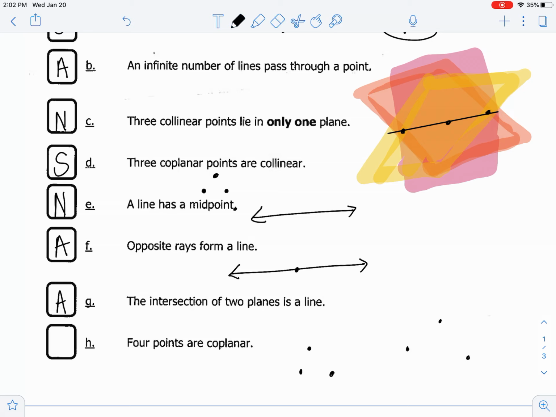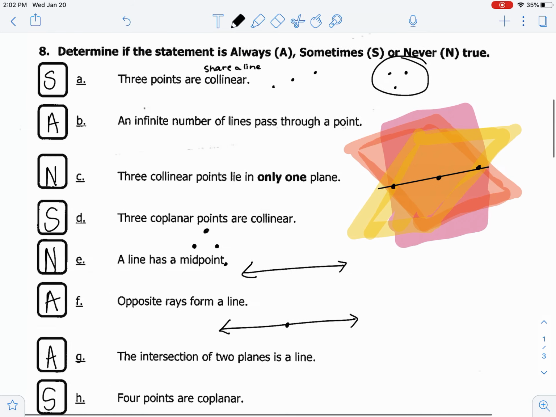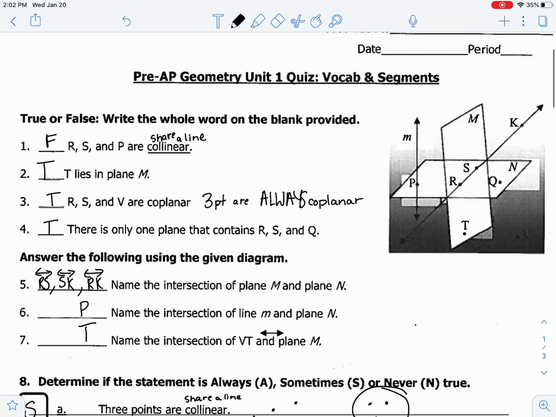I'm going to draw kind of a 3-dimensional picture right here, where you can see that all 4 points on my little pyramid are not on the same flat surface. So 4 points are coplanar? That only happens every once in a while. That one is sometimes.